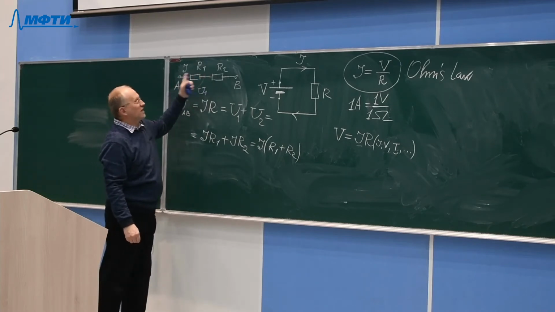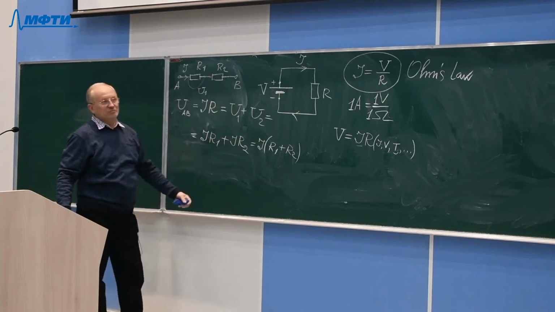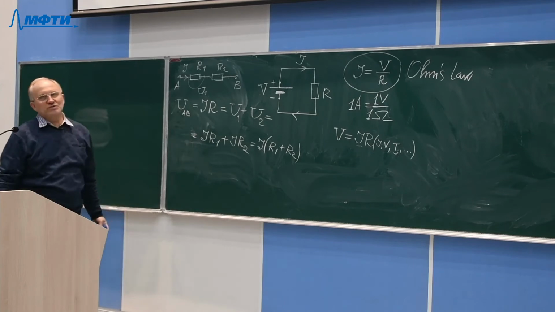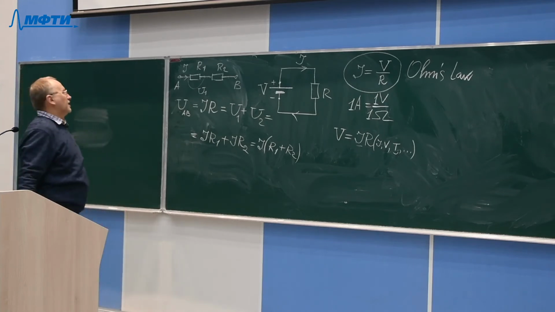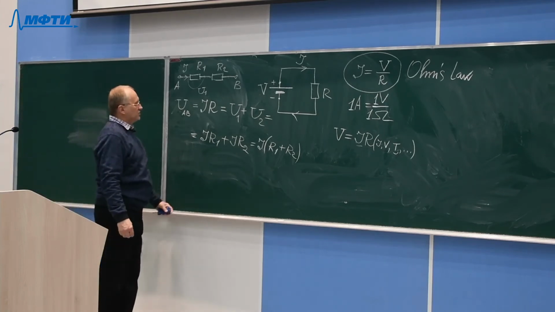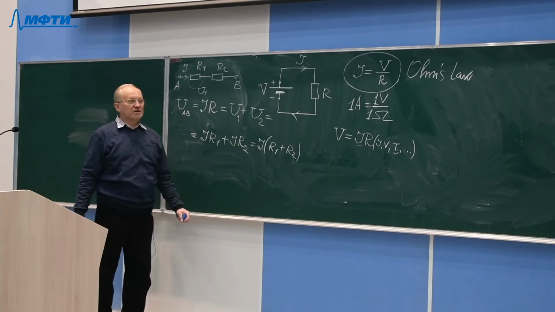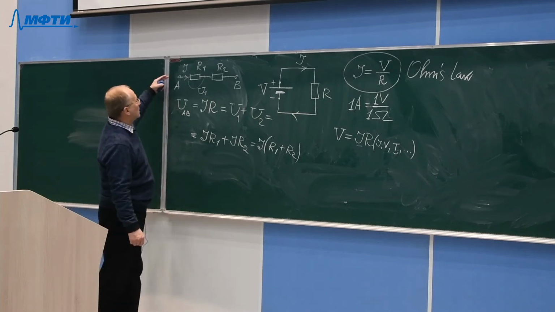Then electric currents here may be different and will be different, certainly. But we don't consider such high frequency signals. We don't consider alternating currents today. We consider only constant currents.